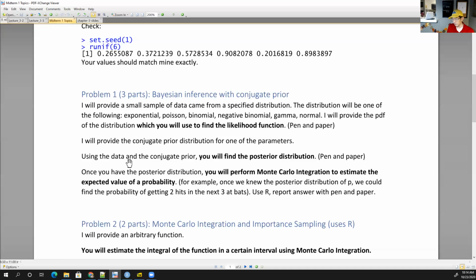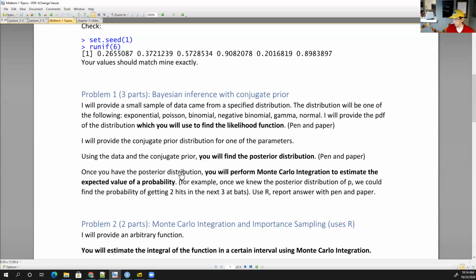And then I'll also provide the conjugate prior distribution for one of the parameters. Using the data and the conjugate prior, you'll find the posterior distribution of the parameter. These parts are pen and paper.